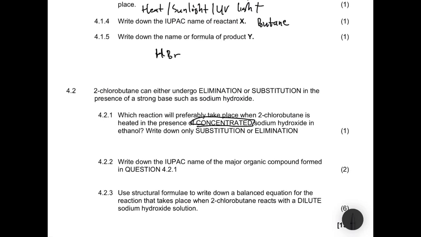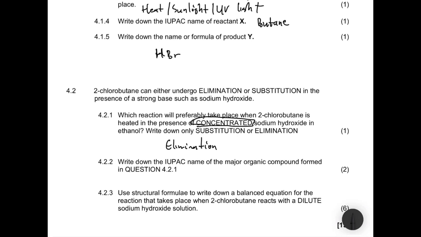If the base is dilute, we go under substitution. If the base is concentrated, we go under elimination. Since here we are told that the base is concentrated, we are going to go under elimination. If it was dilute, we would go under substitution.